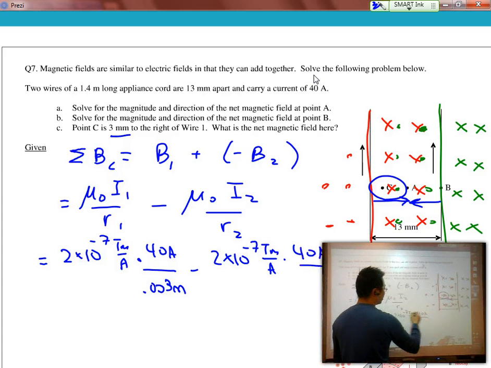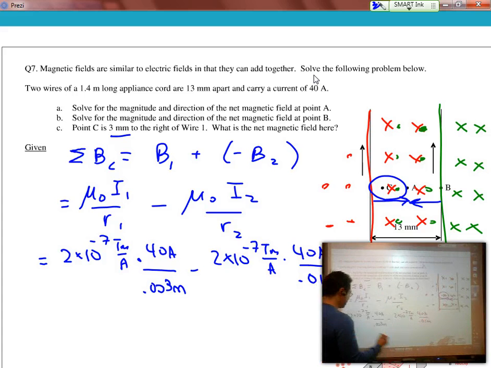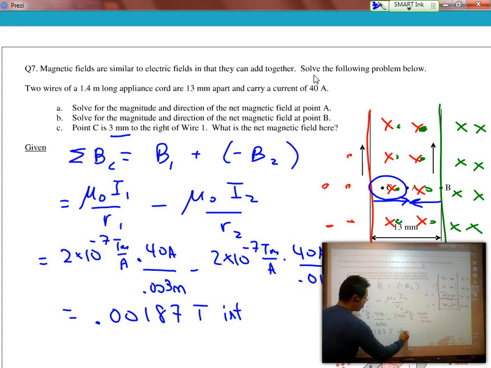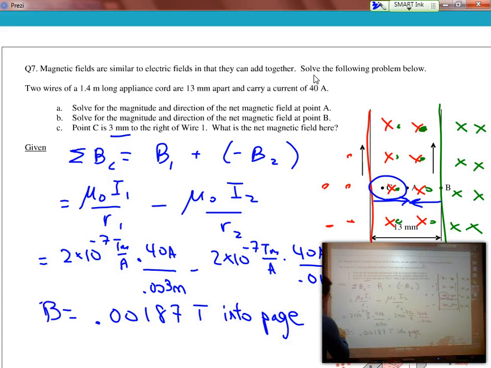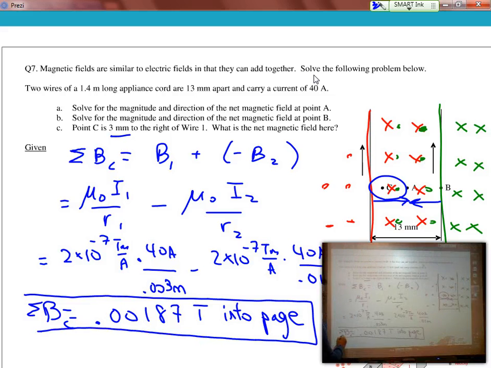In this case, it's going to be 10 millimeters away, so 0.01 meters. And my final total answer will end up equaling 0.00187 Teslas into the page, because into was stronger than out of. So this is the total magnetic field at point C.